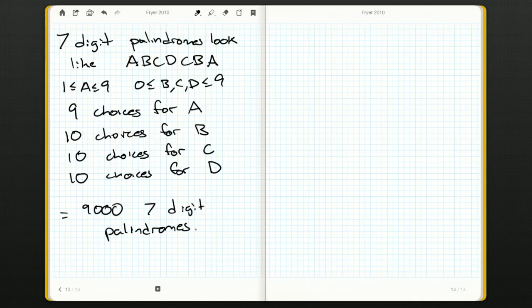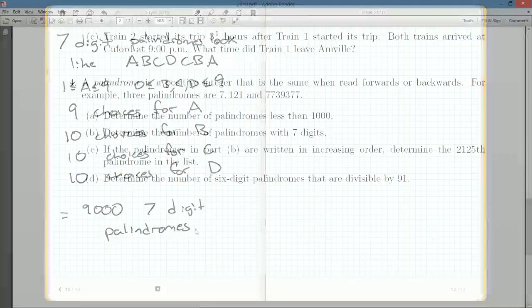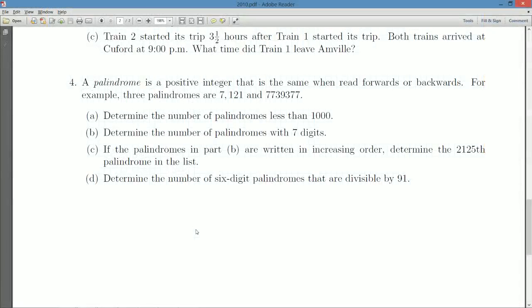We've been just counting a lot of palindromes, but I would expect it to get a little harder, maybe throw a wrinkle in there in terms of counting things. So C part. If the palindromes in part B, so the 7-digit ones, are written in increasing order, determine the 2,125th palindrome on the list.